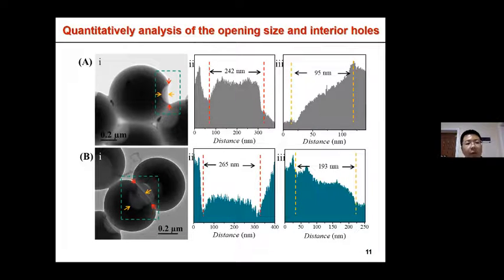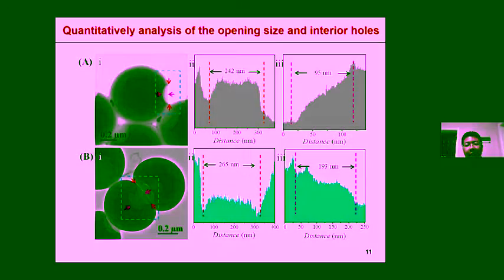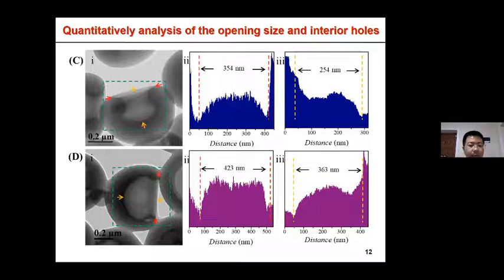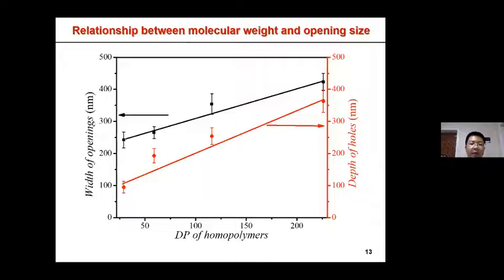Later, we quantitatively analyzed the size of the openings and the interior holes by measuring the electron density profile. And we found that the width of the openings and the depth of the holes show a linear relationship with the molecular weight of the homopolymer.